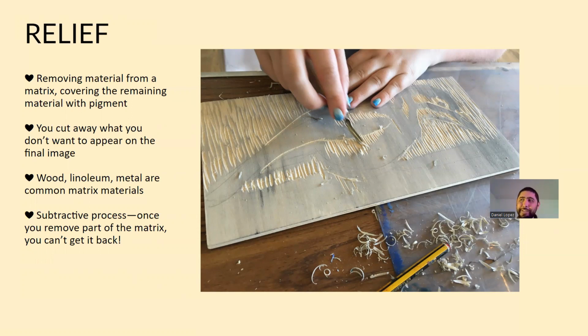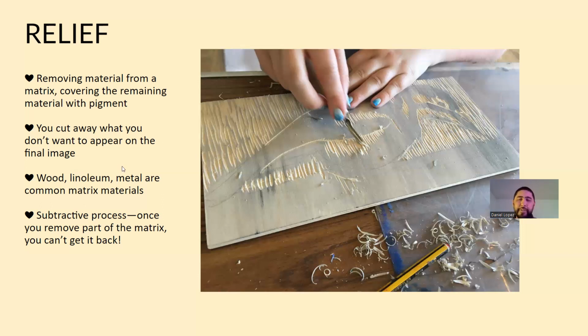So what that means is you take things away, and once you take things away, you can't bring them back, which is obvious, but you can also create cool things based on the tools that you have. So with this tool, you'll be getting a thicker cut, right?